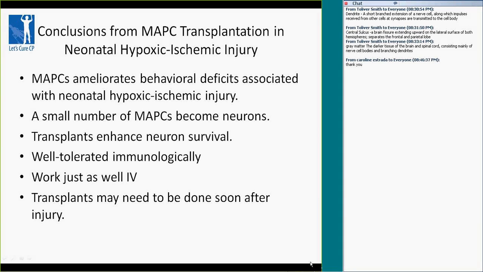So it's very good that they work just as well IV in our animal models. It's a good sign. The only downside is that because of what we understand of signaling in CP, we might need to do those transplants very soon after the injury. Next slide, please.